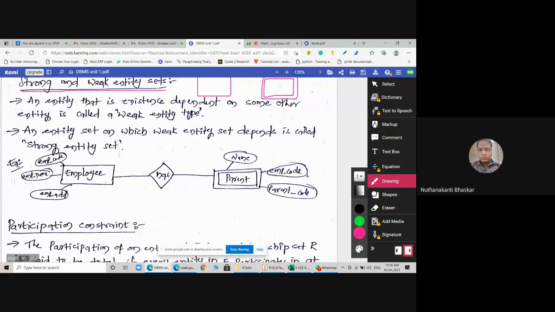Some employees are parents or not, that is irrelevant. The employee is not depending on the parent. He has his own individuality. Are you clear?